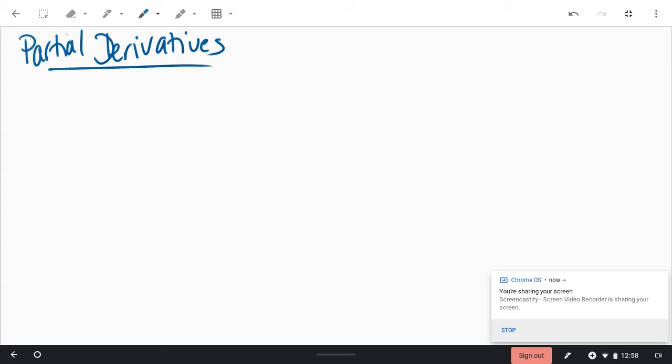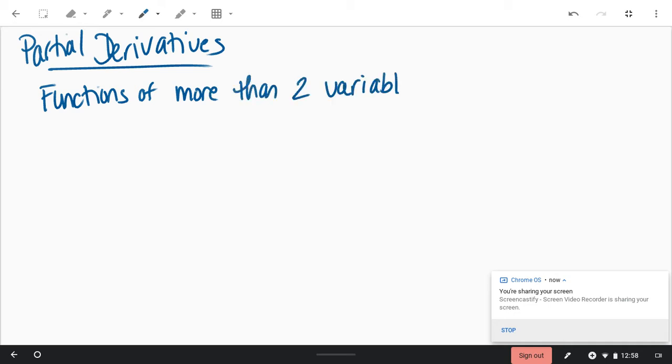So the next thing is you can have functions of more than two variables. So we've been doing functions of x and y, z equals f of xy.